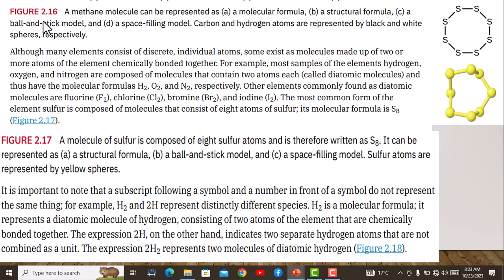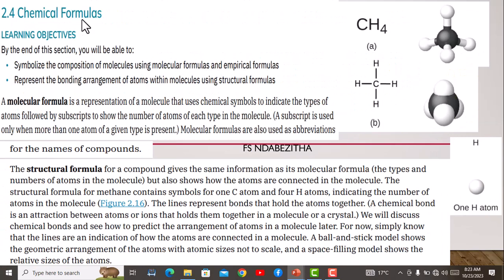Okay, we have figure 2.16. I just copied and pasted. A methane molecule can be represented. Remember the methane one, it's this one.